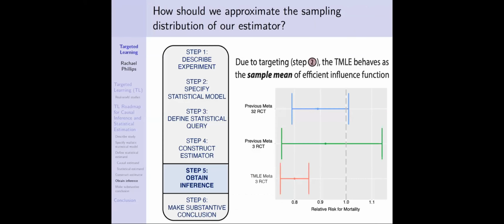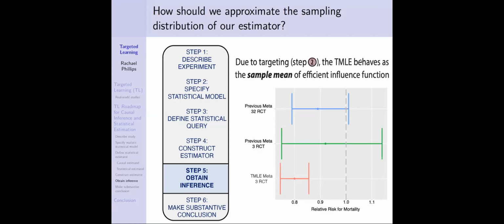Okay, so what this targeting allows for is it allows the TMLE to behave as a sample mean of the efficient influence function. This means that we can approximate the variance of this estimator through its sampling distribution. And so we can actually obtain formal inference for the target parameter of interest, which was this relative risk.